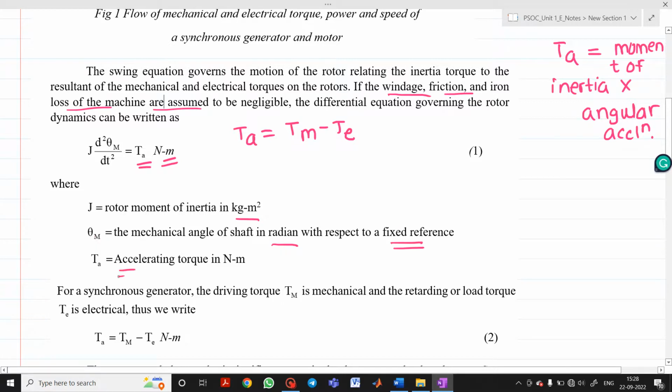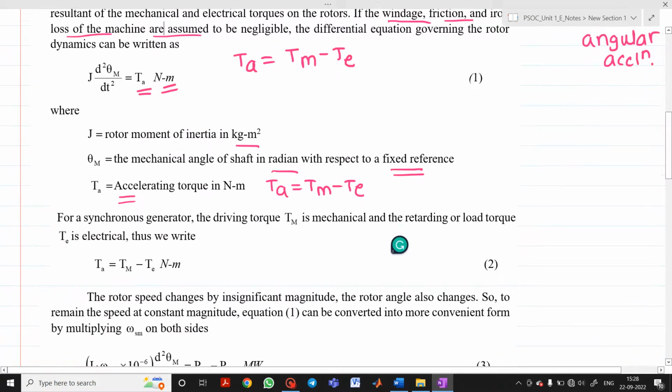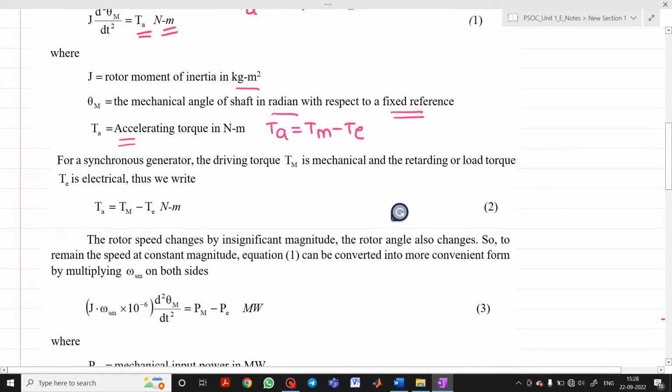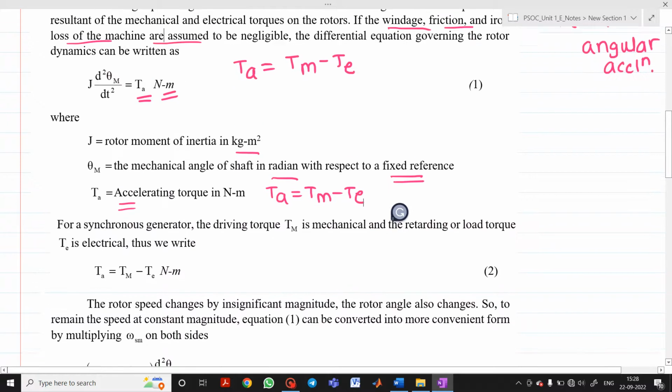Ta is the accelerating torque in Newton meter, and we already discussed that Ta will be equal to Tm minus Te. Now the rotor speed will change by an insignificant magnitude, and the rotor angle also changes. So to keep the speed at a constant magnitude, equation 1 can be converted into a more suitable form.